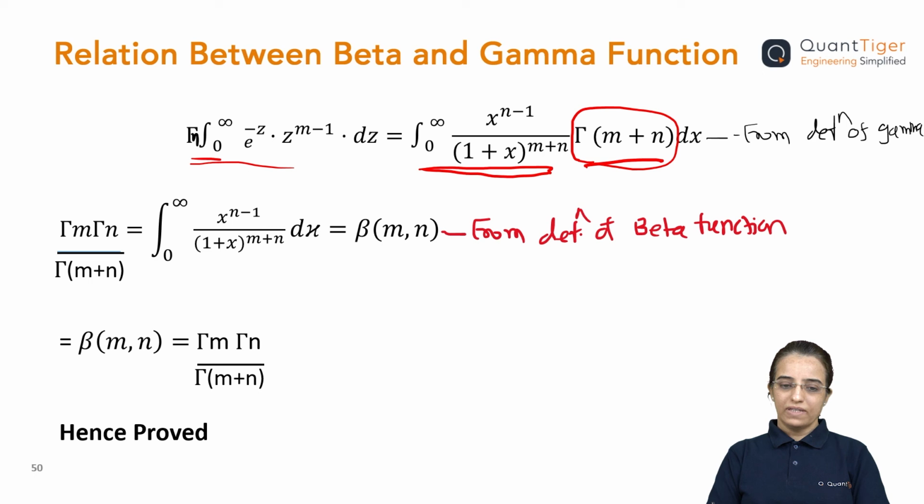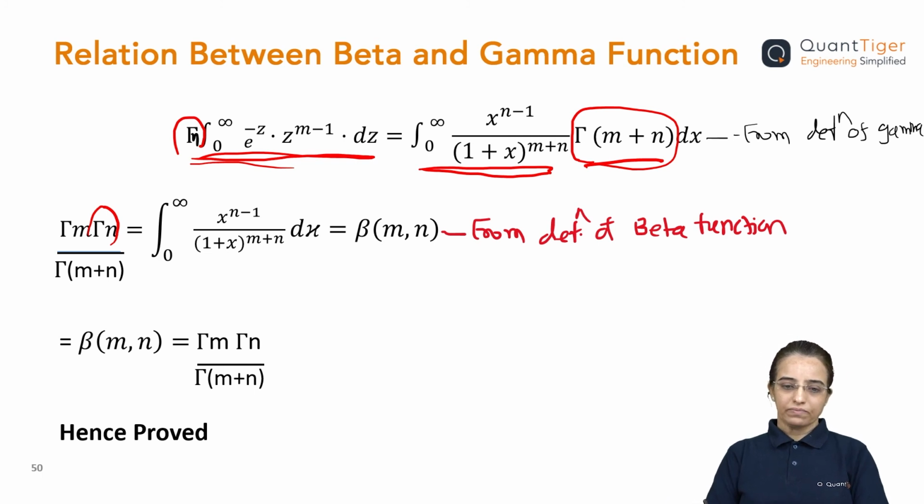For this part of the equation, LHS part of the equation, what we can write is, ये gamma n जो है वो वैसे ही आ जाएगा यहाँ पे, and for this whole integration we can write gamma m, because that's the definition of gamma function.